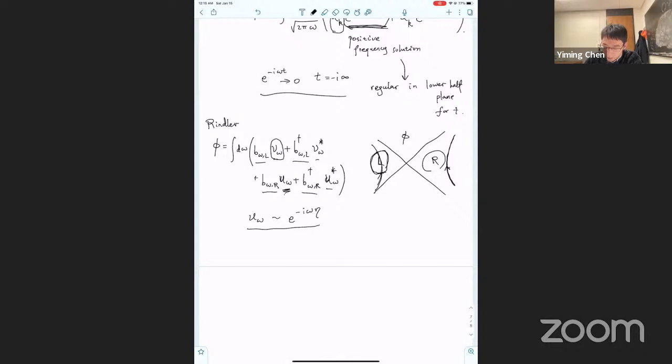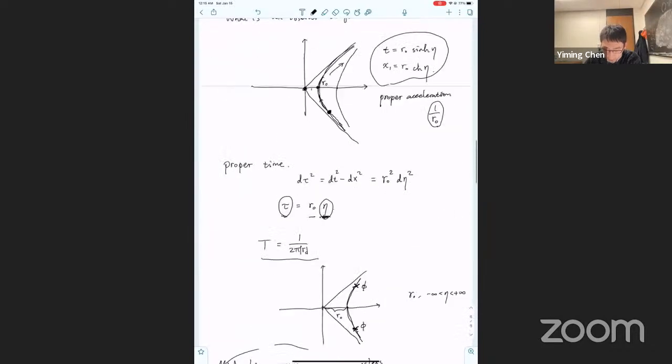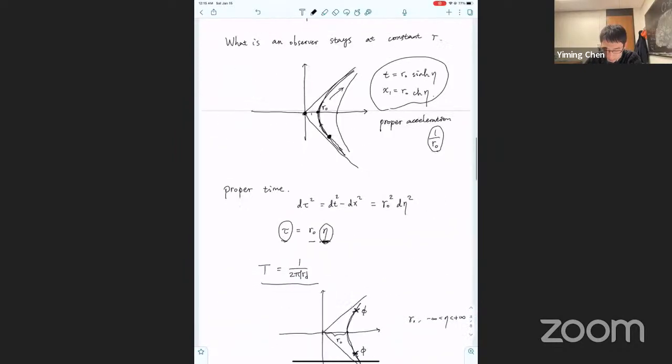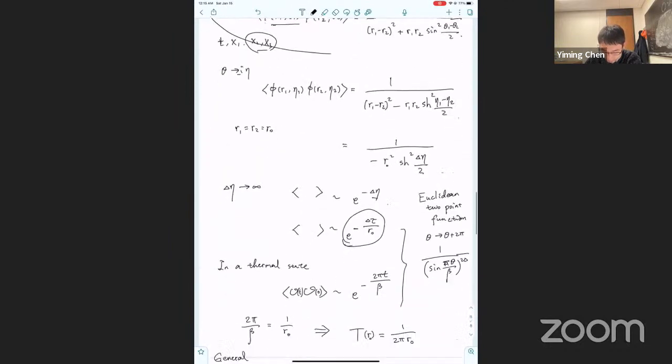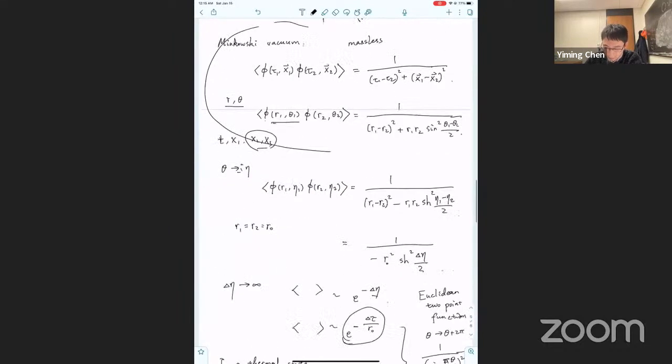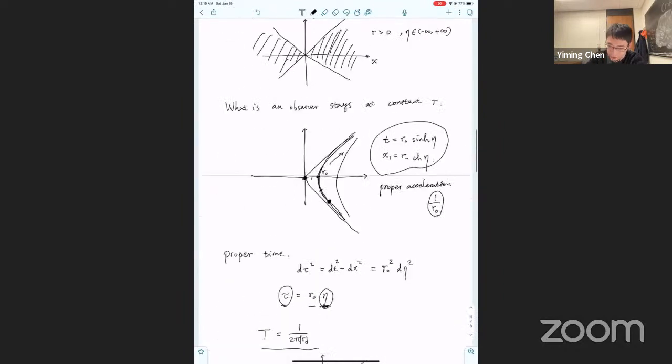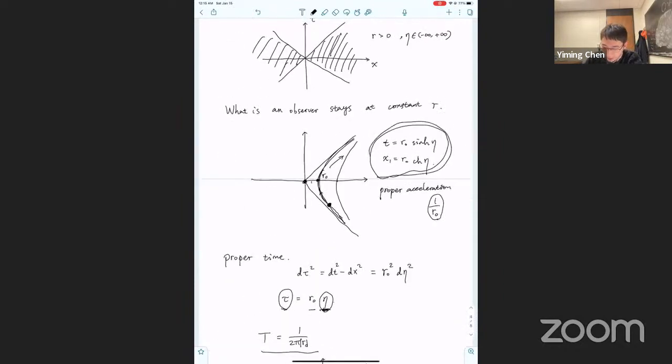An important subtlety is that if we go back to the beginning, to how we defined the eta coordinate, we defined it here. T is equal to R0 times sinh eta. If we are in the left wedge, in which R0 is now negative, as we increase eta, T actually decreases.